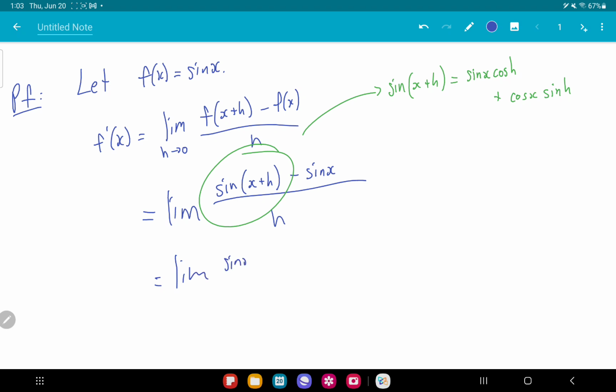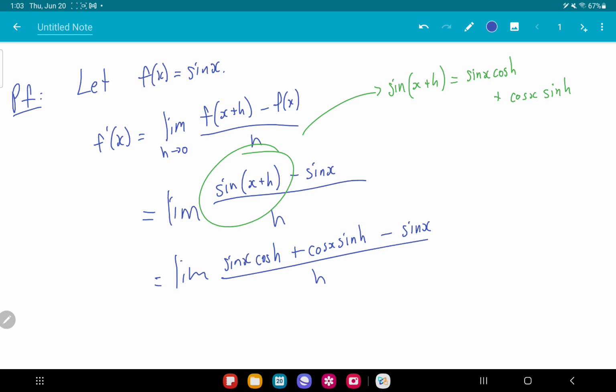Sine x cos h plus cos x sine h, still minus the sine x there, all over h. Now I'm going to cry.